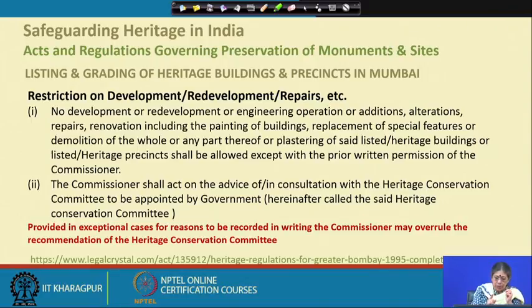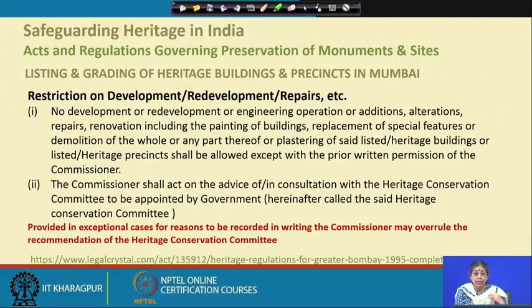But what is important is that by constituting the Heritage Conservation Committee, by making it a legal area and making the bylaws, making the listing, it is saying that in exceptional cases it can be done, but it has to be put in writing. So, there is an obligation, there is a responsibility, one has to answer why one is doing that.